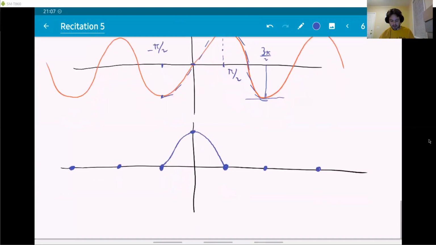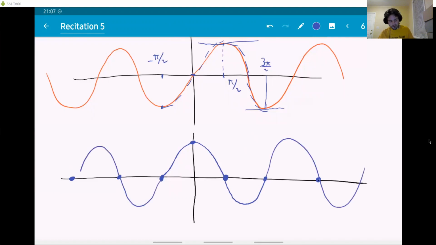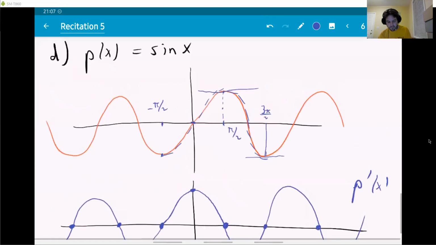So it's going to be negative in between these, but then it will eventually go back to 0. Like this. So this curve will actually look like this. The derivative of sine. That's the p prime function.